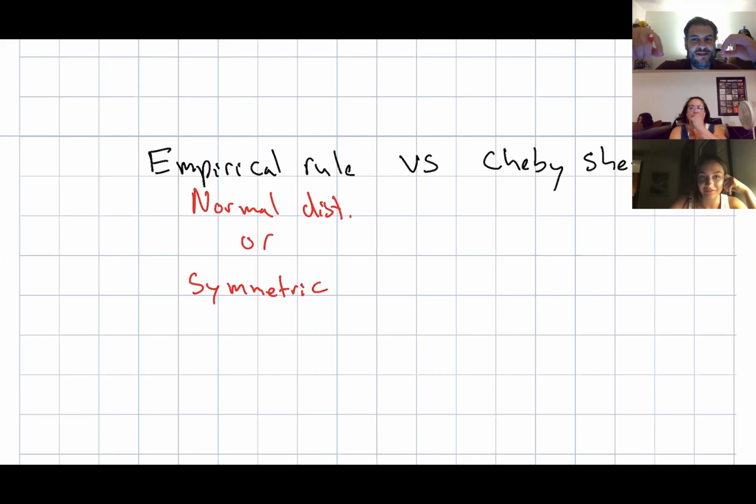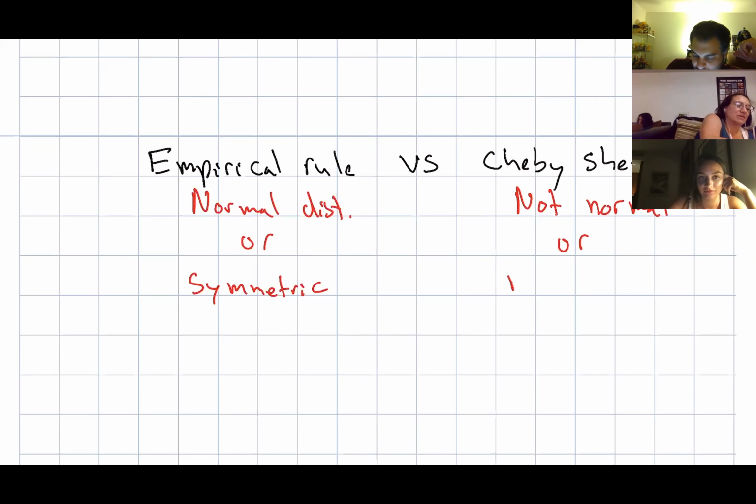You use the Chebyshev rule when our data set is not normal or not given. So if I tell you the distribution is skewed to the left or skewed to the right, that's me telling you it's not normal.